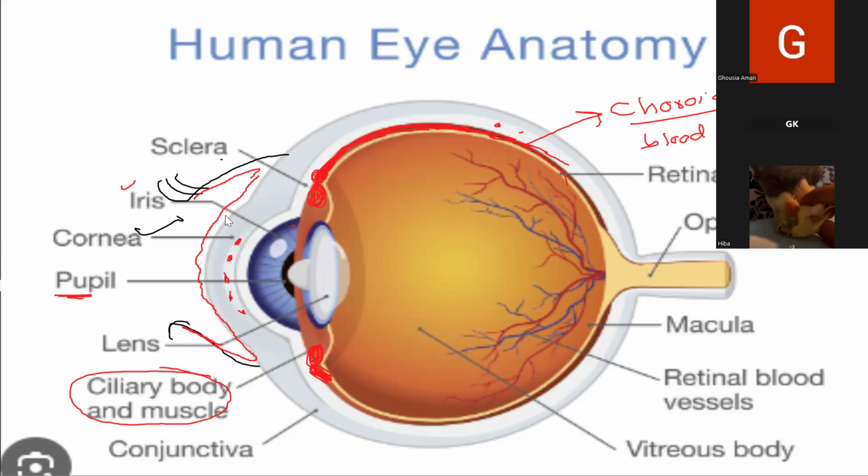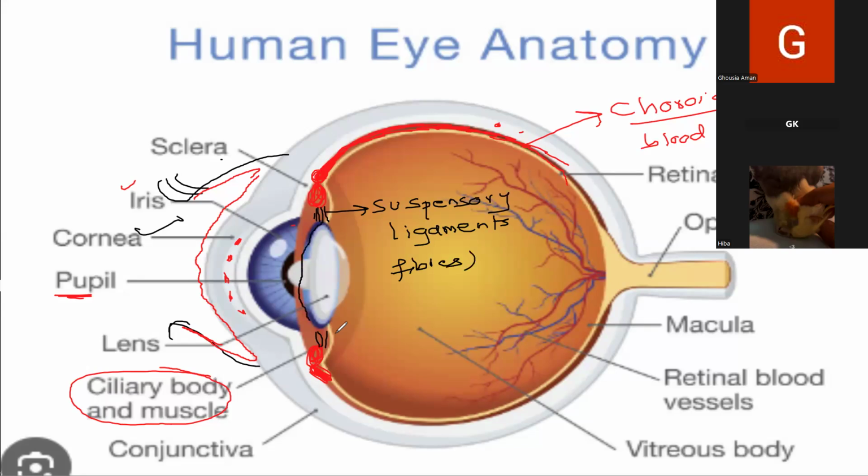Ciliary muscles give rise to the fiber sort of things like this, which are holding the lens. They are called suspensory ligaments. So suspensory ligaments are nothing but fibers, tissues, which are holding our lens.